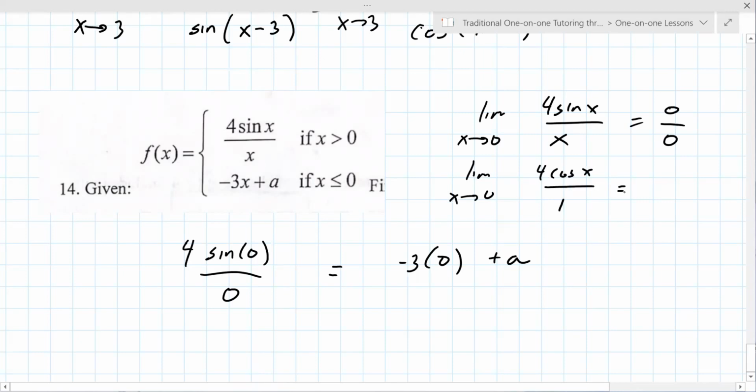And then it's 4 times, plug in 0, 4 times 1 over 1. So 4. Yes. So this part right here always goes to 1, but it's because of this L'Hopital's rule thing, and then that 4 comes out in front. So 4 equals a.